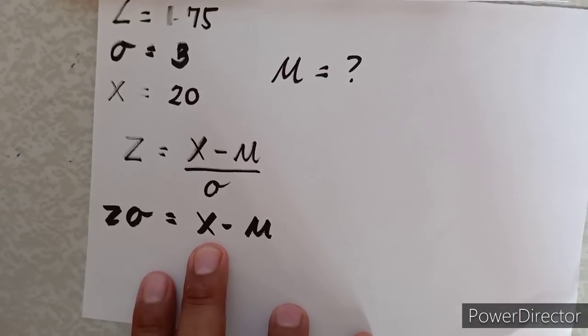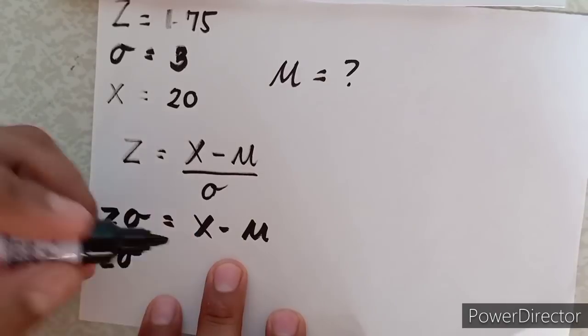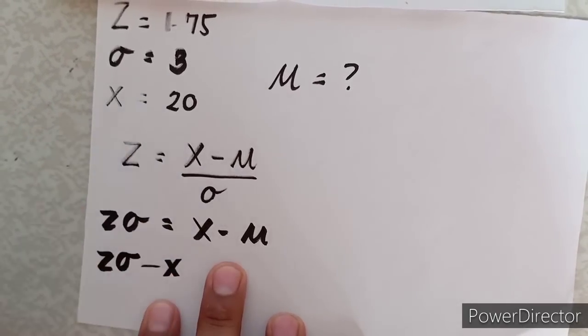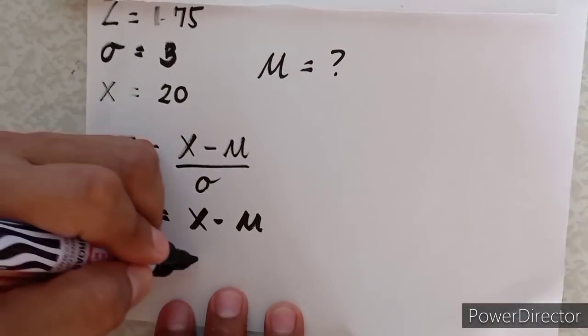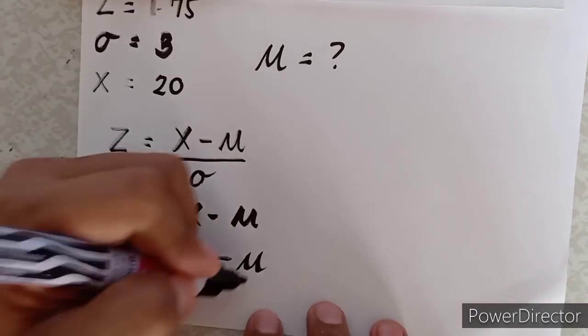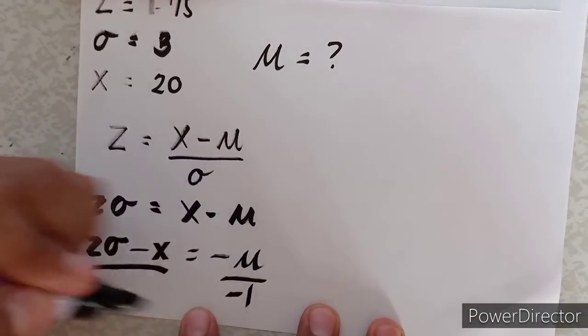Z times standard deviation, from positive, will become negative, is equal to negative mean minus X. Since our mean is negative, let's divide both sides by negative 1.